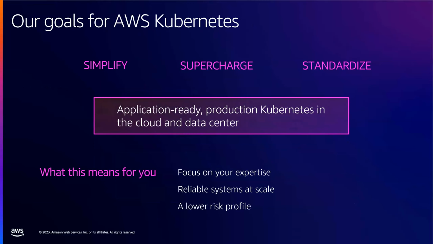Second one, empower you and supercharge your capability. For example, today you may have large language models running on EKS or another platform. So how can we provide the high performance to serve that big workload? The third one, standardize.